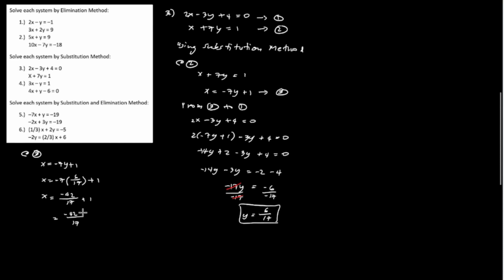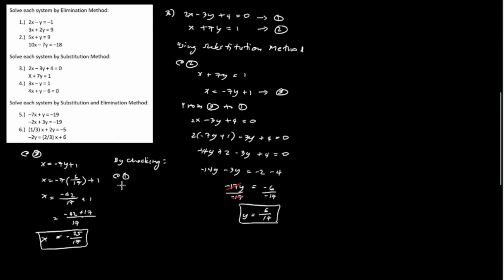Negative 42 plus 17 times 1 or 17. And x is equal to, negative 42 plus 17 is negative 25. So negative 25 over 17. And this is the value for x.